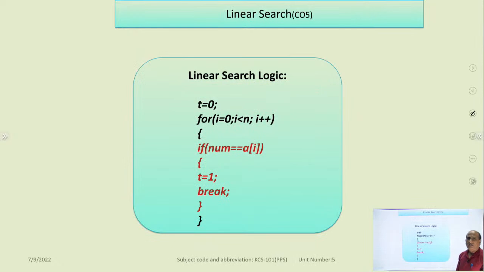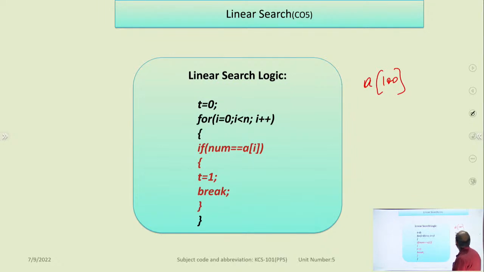Let us understand what the logic of linear search is. We have the elements stored in an array, and that array name is A. A is an array of size 100, or any size, and we have stored n elements in that list.